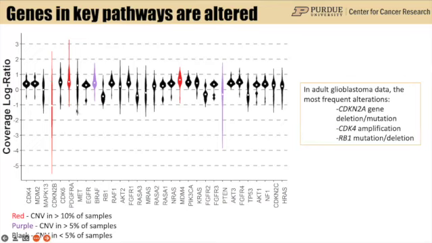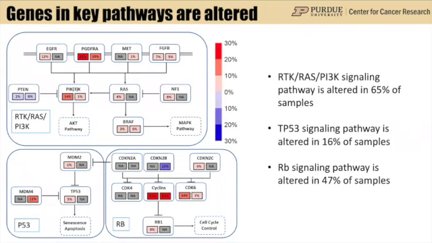And then let's see, for example, P10 also has a deletion in a number of the samples, in more than 5, but less than 10% of the samples. And so overall, we are seeing that the genes in these pathways, much like we see in the human cohorts, are altered, and that we're seeing a lot of mutations and copy number alterations in these pathways.